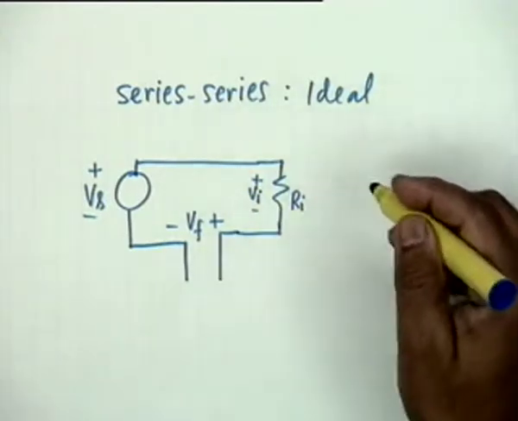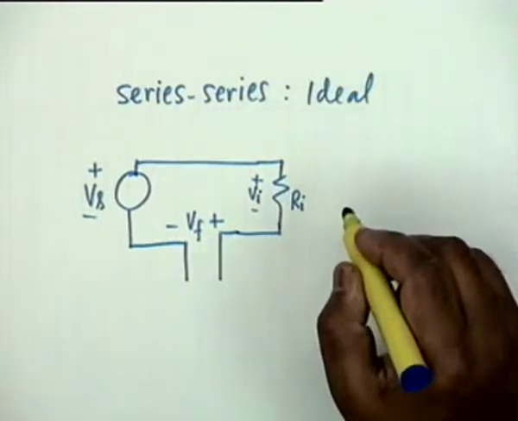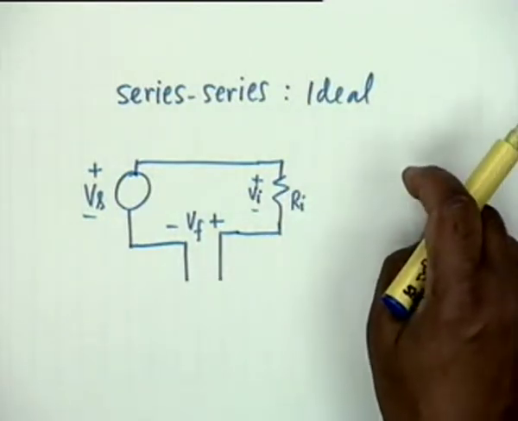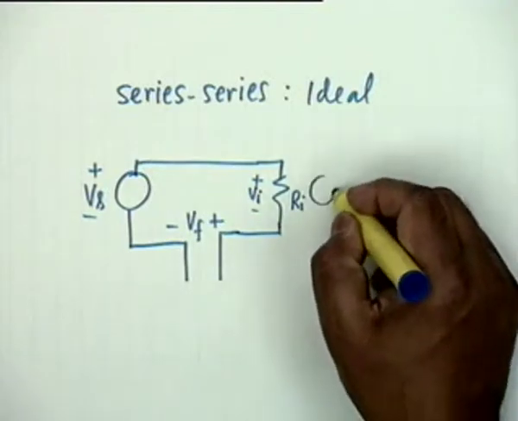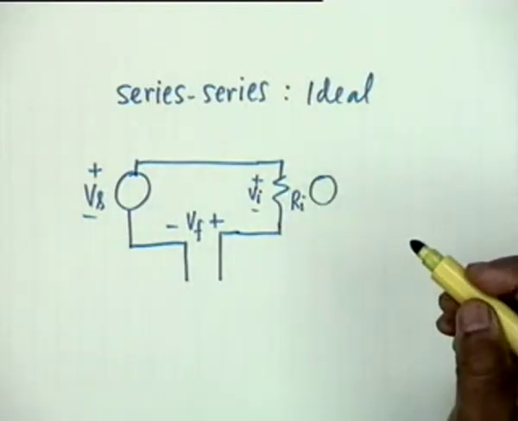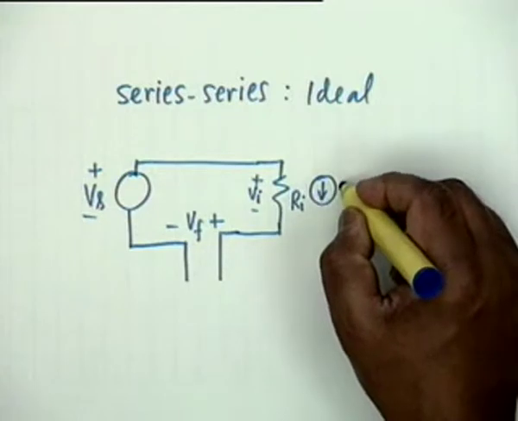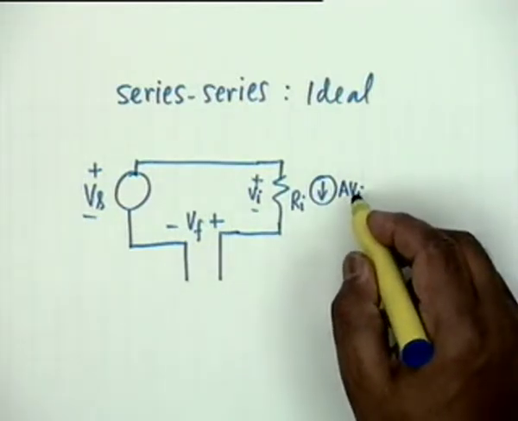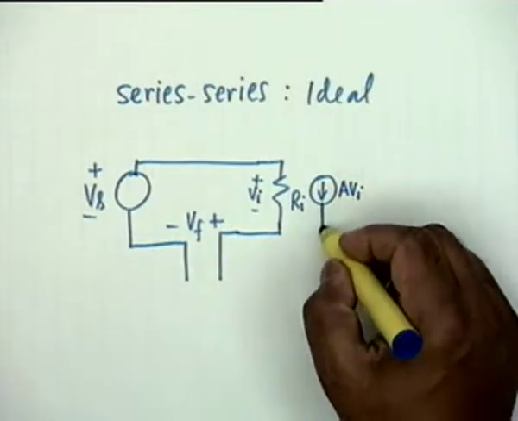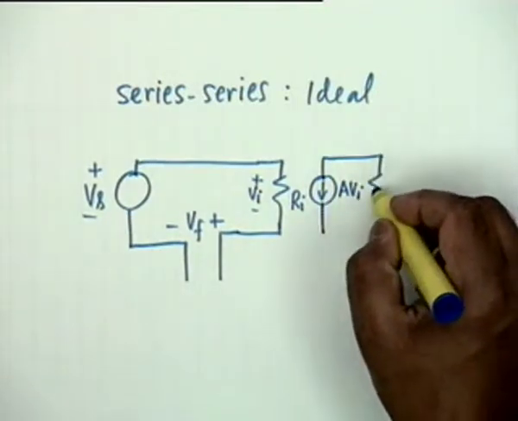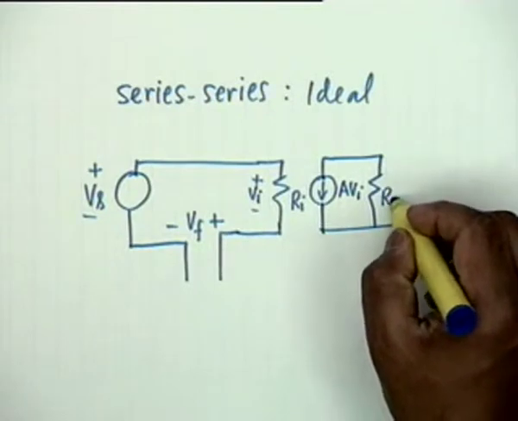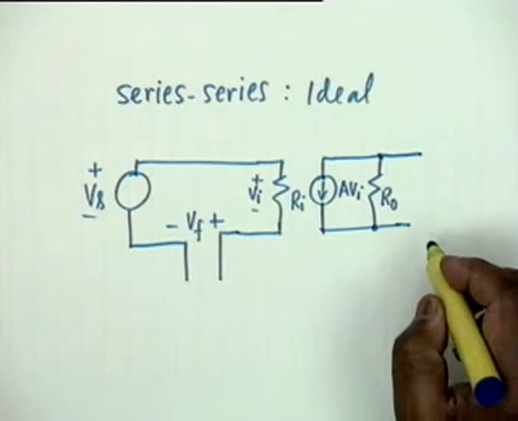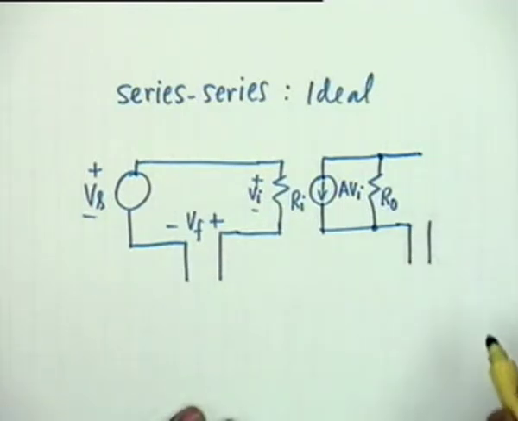Now, at the output, if it is series, current is being sampled, and therefore the appropriate model would be a current source, A Vi. This A now has the dimension of conductance. And you might have its output impedance R0.